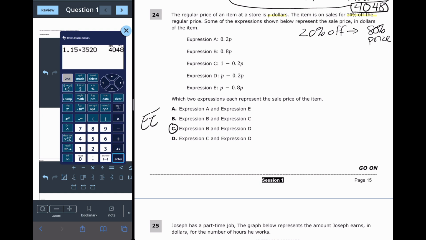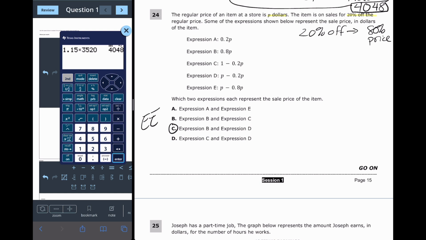So some of the expressions shown below represent the sale price in dollars. Which two expressions each represent the sale price of the item? So what I'm going to do here is figure out which one of these is equivalent to 20% off a price.